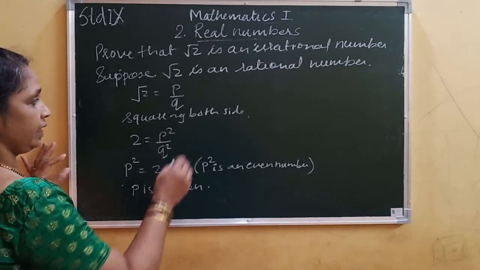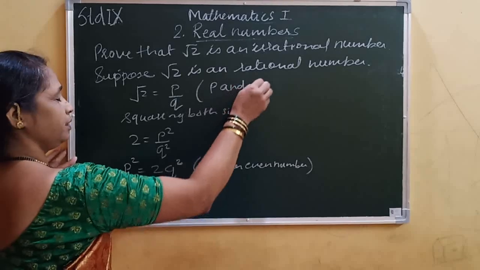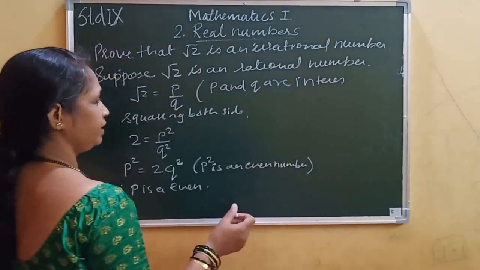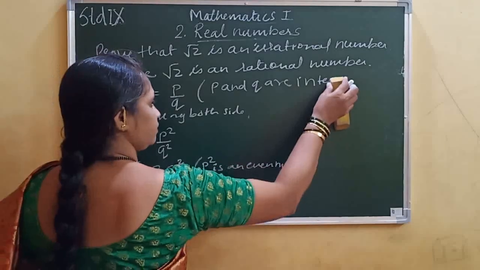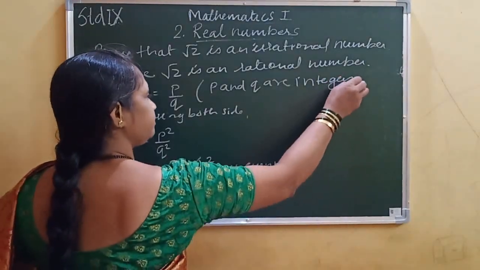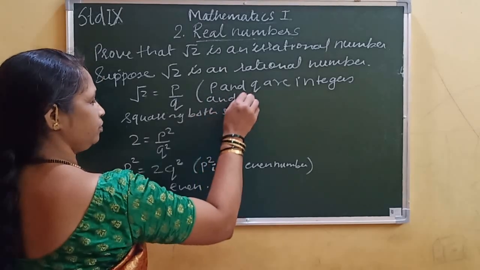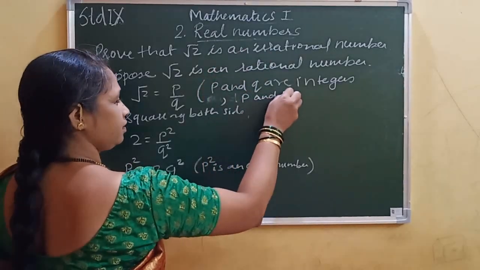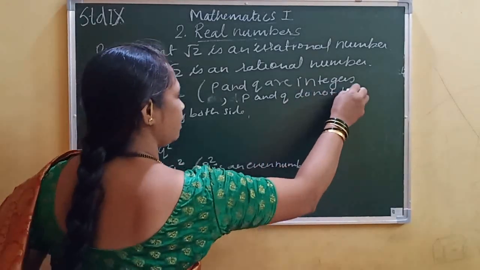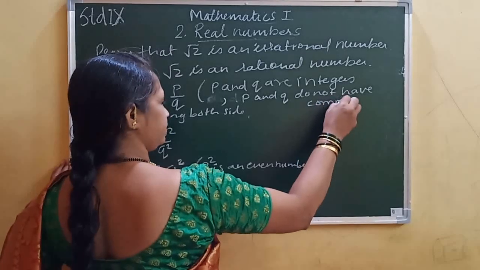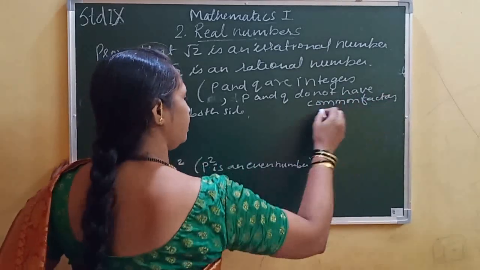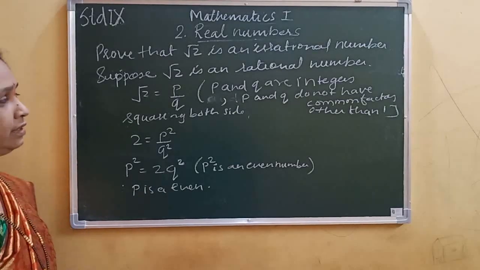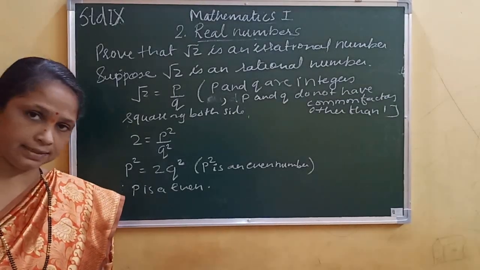Okay. Then here we have to write p and q are integers, and p and q do not have common factors other than 1.